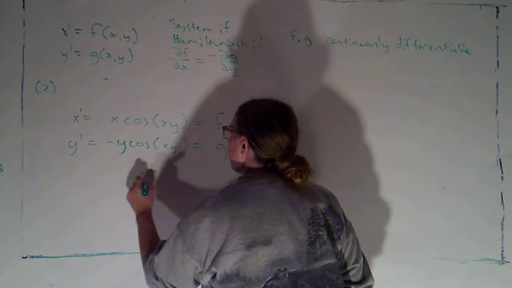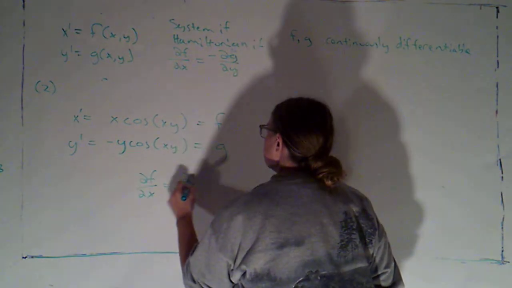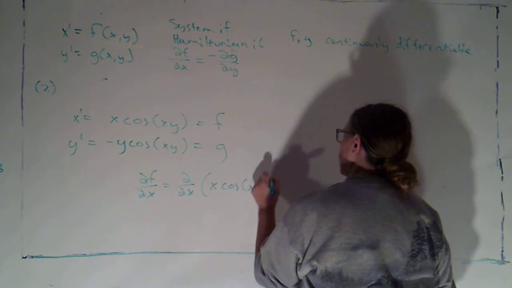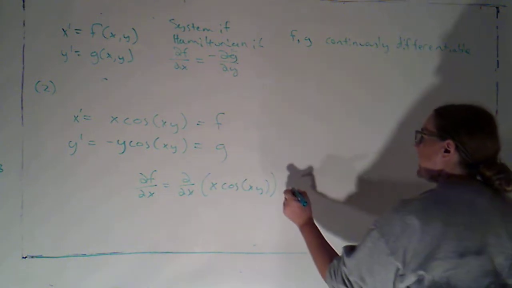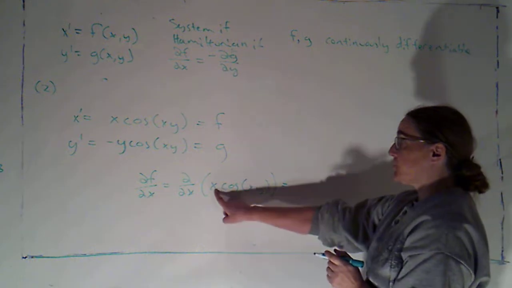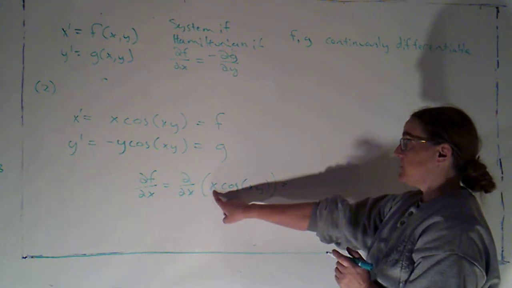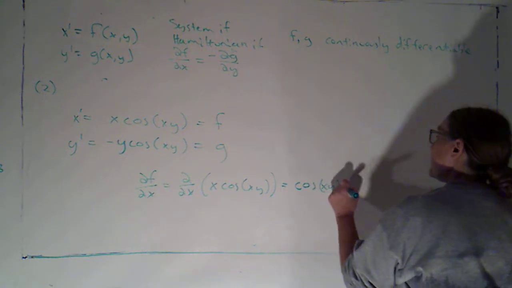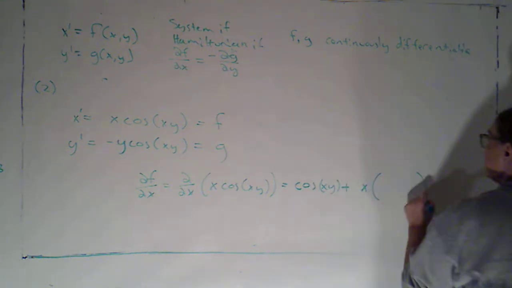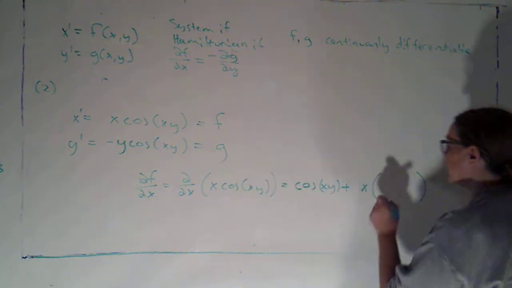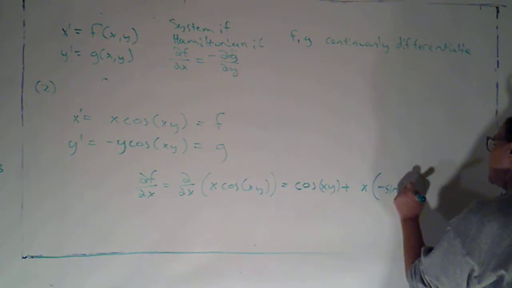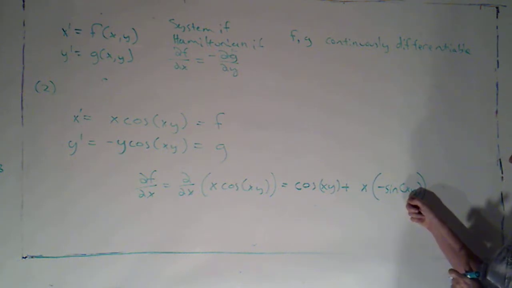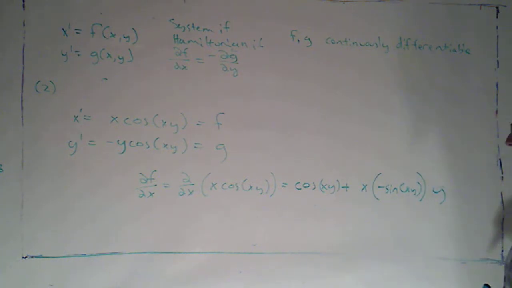So the partial of F with respect to x is the partial with respect to x of x cosine of xy. That's going to be a product rule. So the derivative of x would just be 1 times cosine of xy, plus x times the derivative here, which is going to give me a negative sine of xy times the partial with respect to x of x times y, which would just be y.